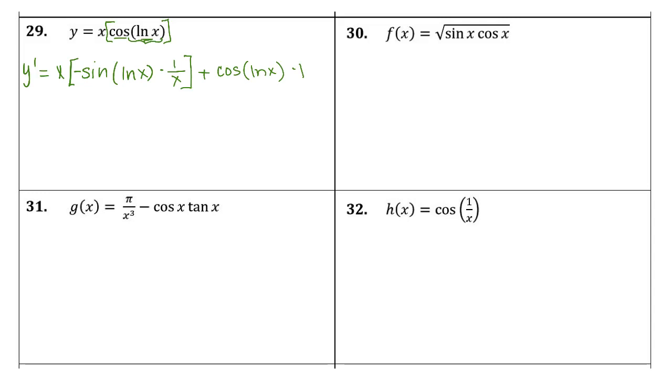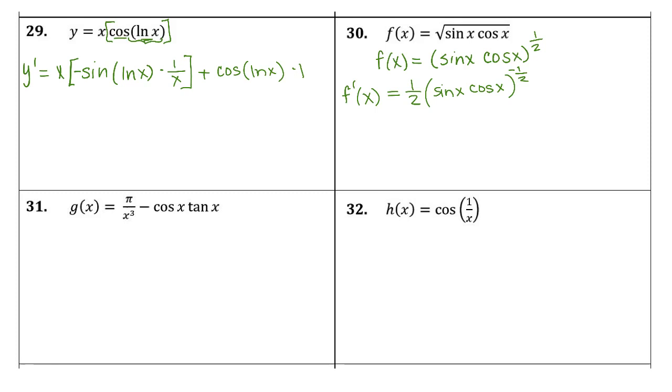Okay, so number 30, we do need to rewrite this so that we have f of x equals sine x cosine x all raised to the 1/2 power. So f prime at x is going to be derivative of the outside, so 1/2 times sine x cosine x to the negative 1/2, and then times the derivative of the inside.